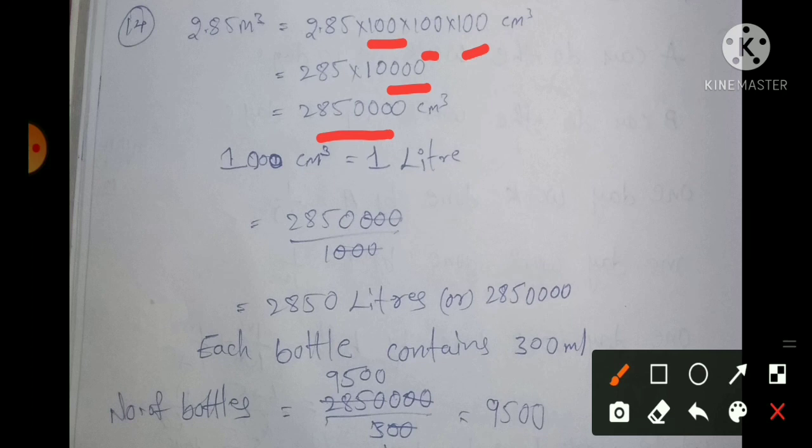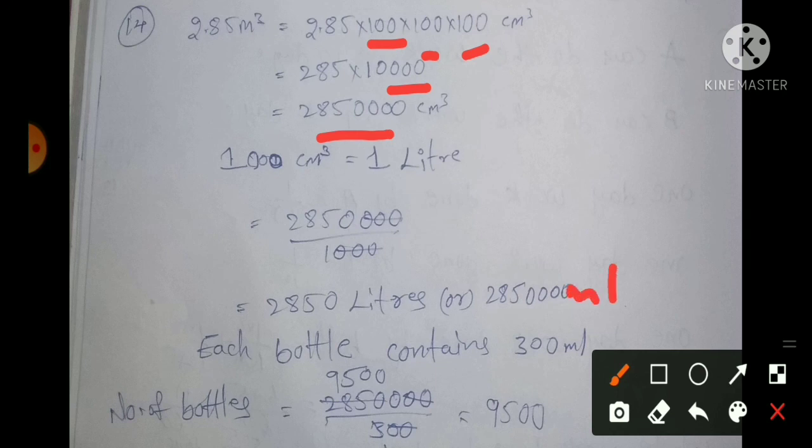Now we know 1000 centimeter cube equal to 1 liter. This is the process to convert a centimeter cube into liters. So 28 lakhs 50,000 by 1000, it will become 2,850 liters or 28 lakhs 50,000 milliliters. The centimeter cube is nothing but equal to milliliters.